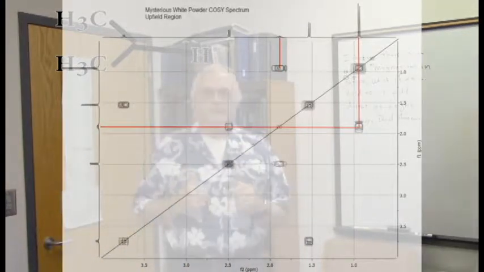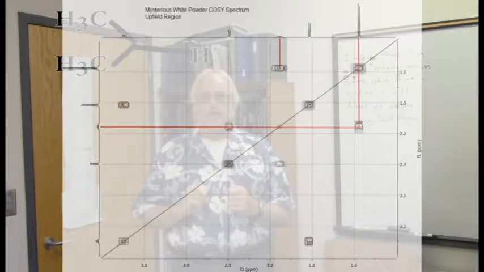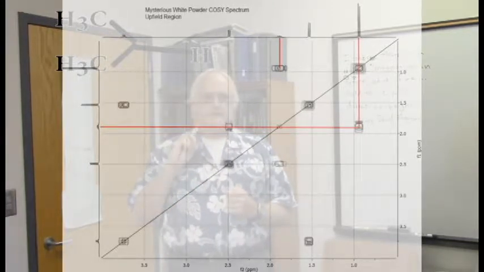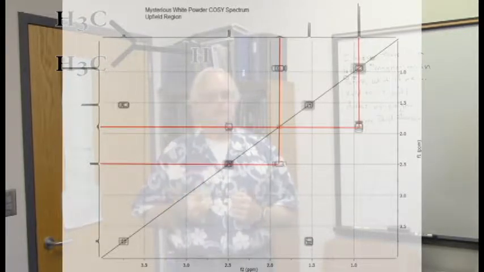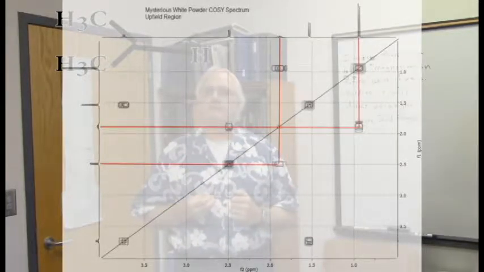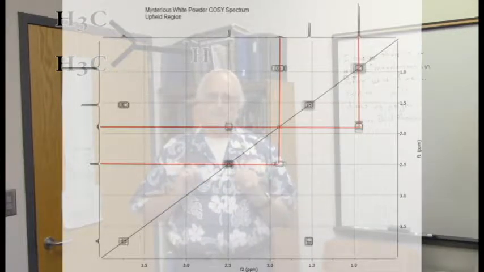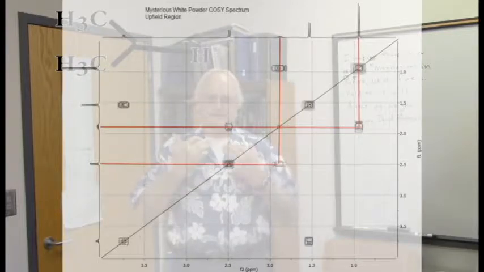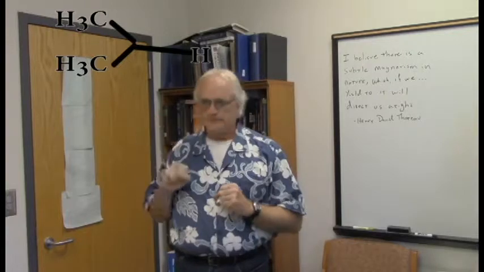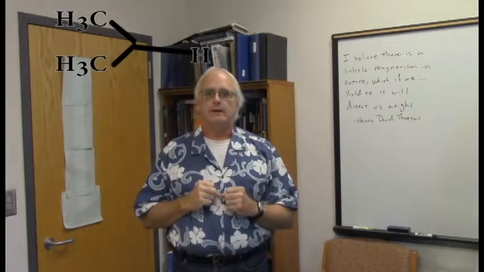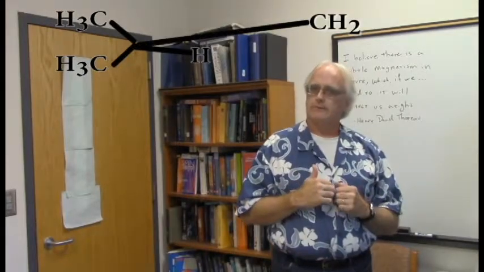So we're back here. We ignore this cross peak, come to the diagonal, and then continue moving, seeing if we come to a new cross peak. And we do. We come to a new cross peak that we have not examined before. What we have done then is found that this CH proton, which has these six protons from the two equivalent methyl groups over here, is also coupled to a CH2 group.